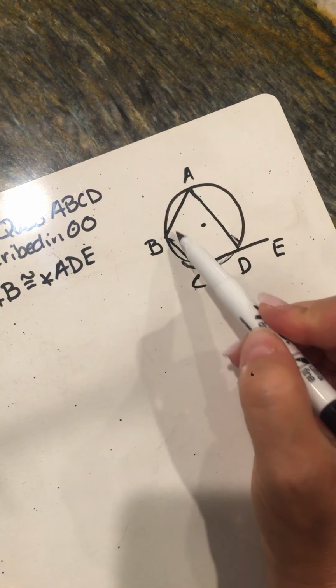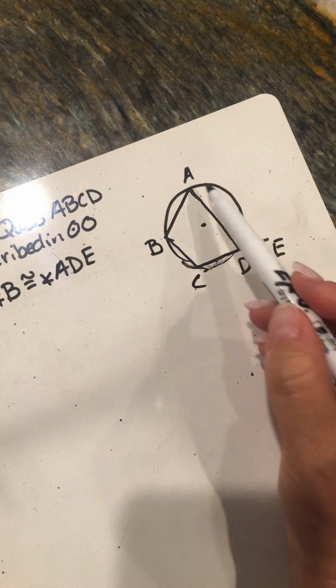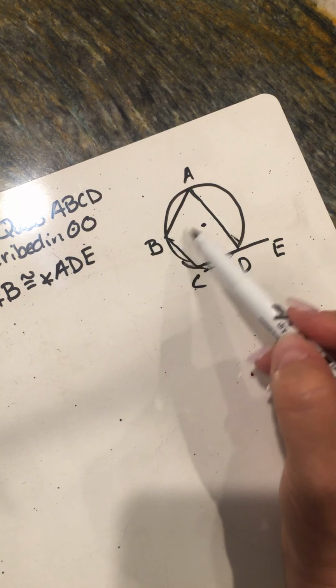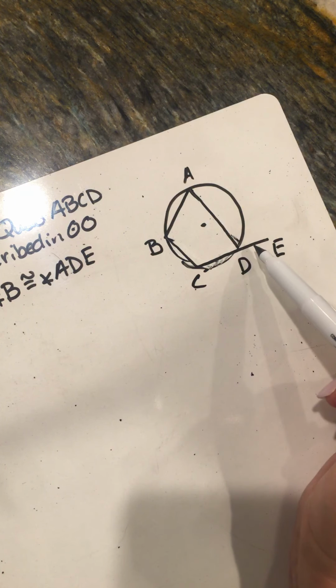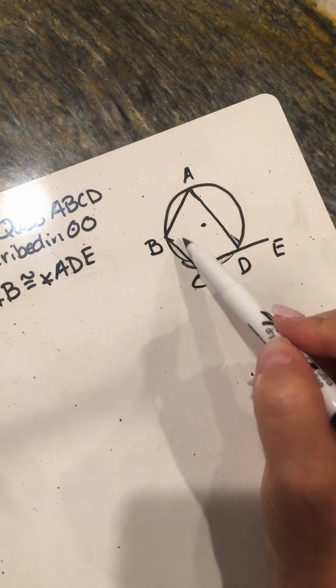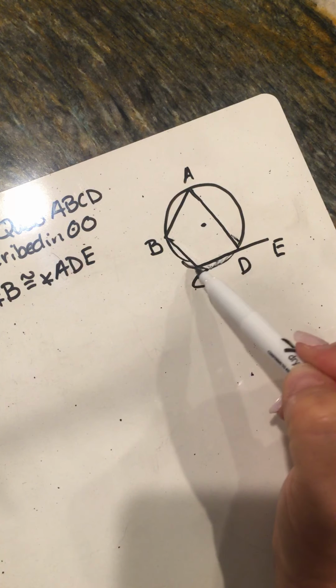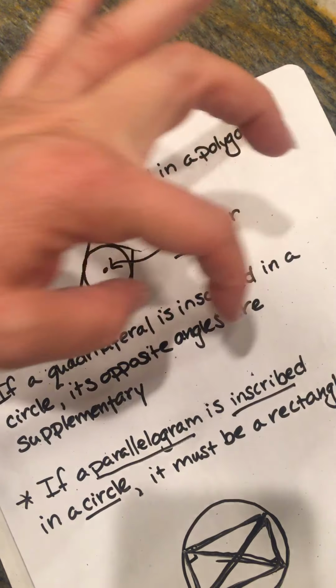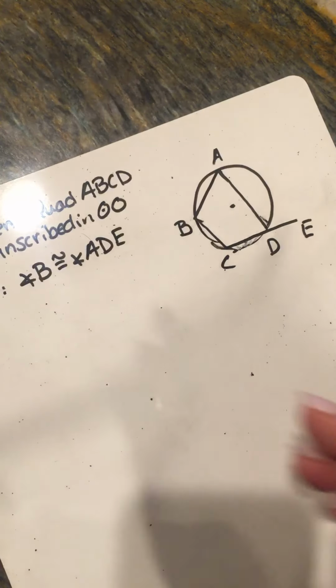We want to show that angle B is congruent to angle ADE. Well, I don't know anything about this relationship as it stands right now, but angle B and angle ADC have a relationship based on our theorem that if a quadrilateral is inscribed in a circle, its opposite angles are supplementary. So let's use that.